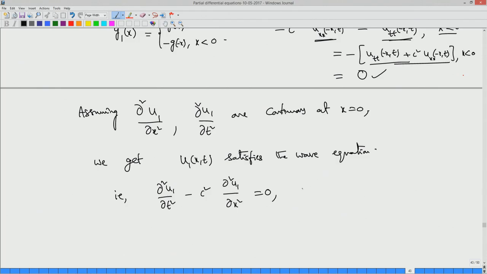Now, u1 is defined for every value, even for the negative side. So, this is defined for every real x.